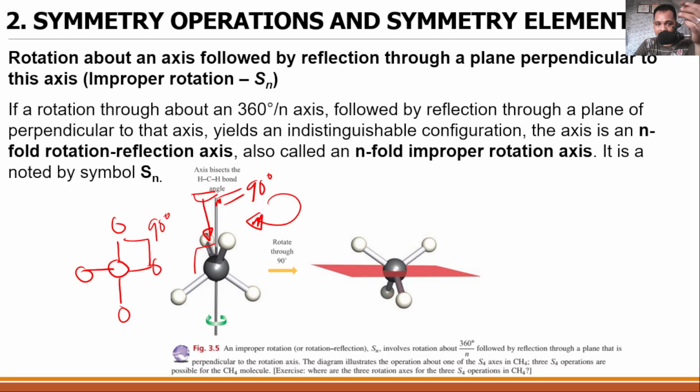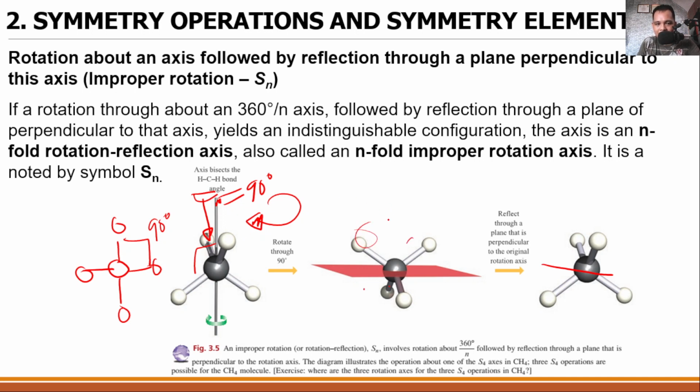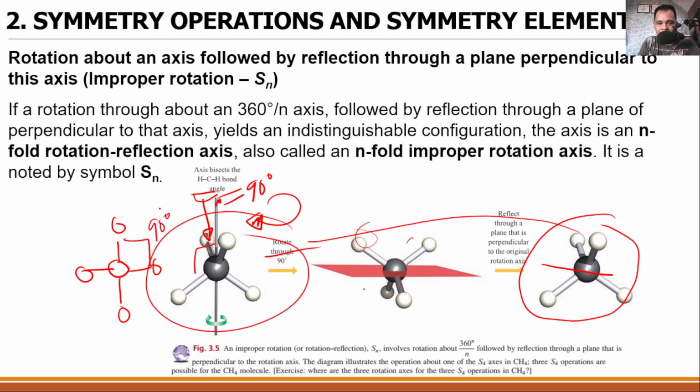And then after performing that, let's now perform the reflection. So, it is still identical, right? It is indistinguishable. Why is that? Because when you reflect this one, it becomes like this. And when you reflect this one, it becomes like this. Which is also indistinguishable from its original configuration. So, it contains an improper rotation.